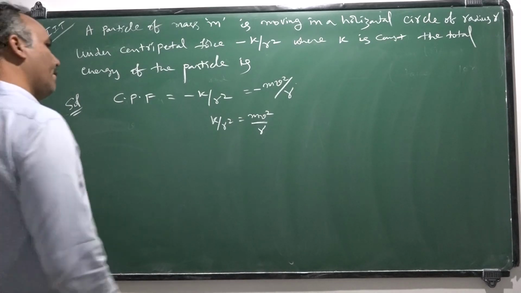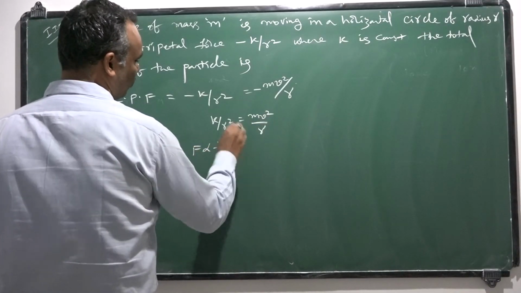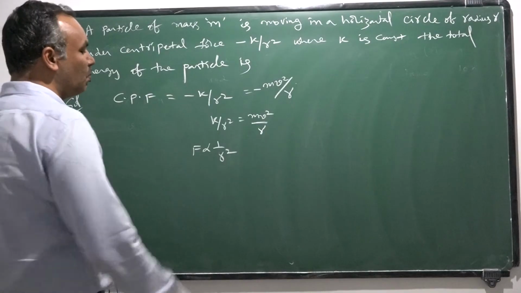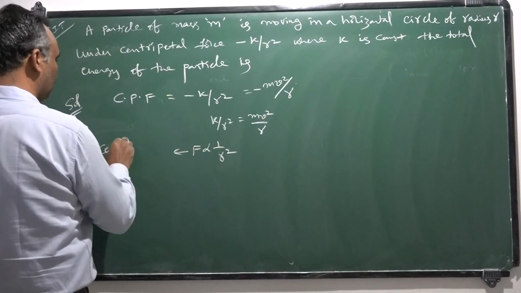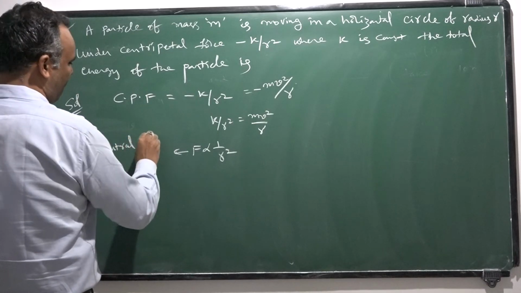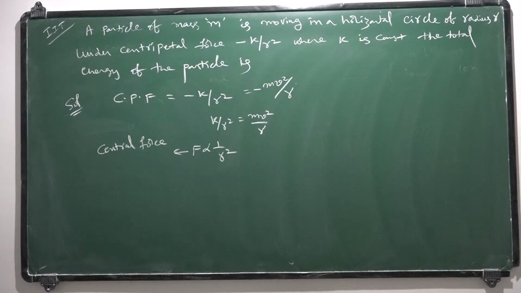Clearly, this force is proportional to 1 by R square. When force is proportional to 1 by square of the distance, that force is called central force.